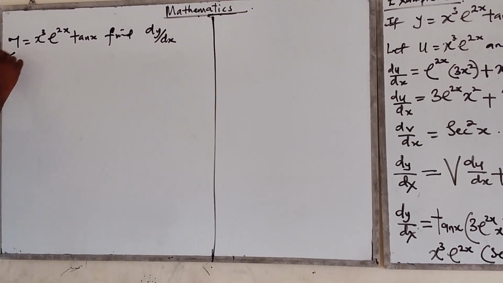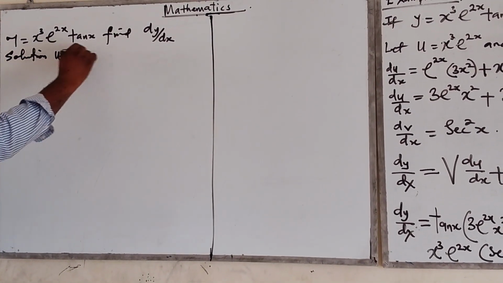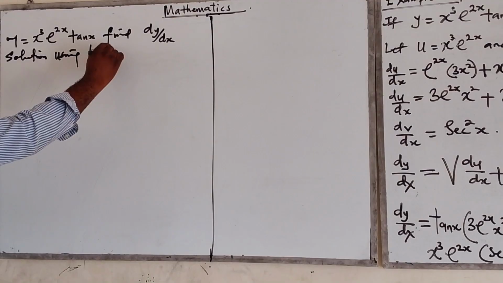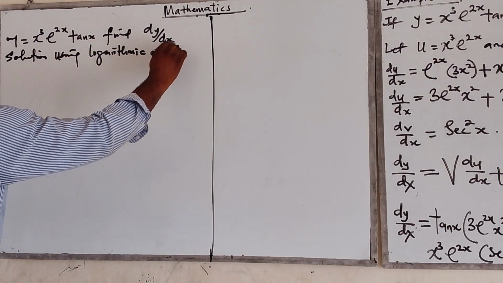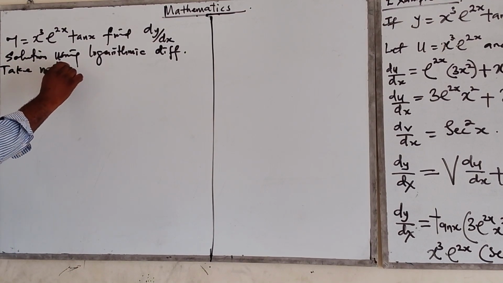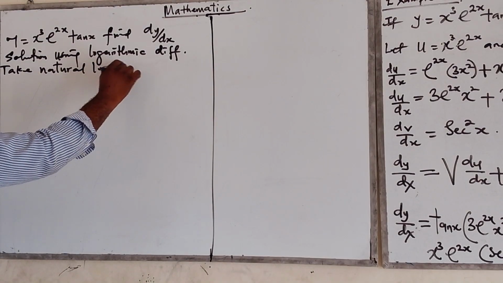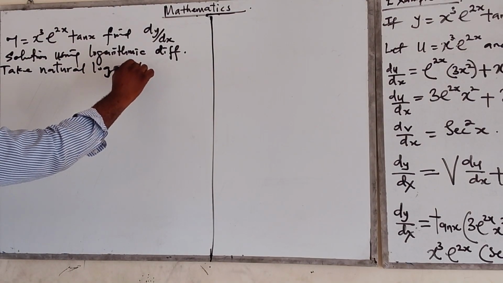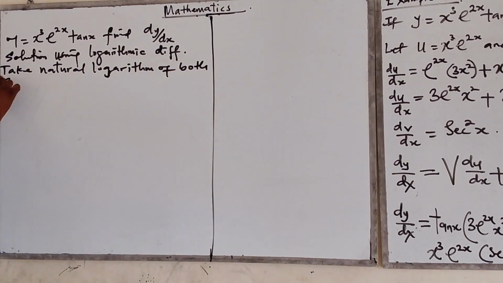Now, solution using logarithmic differentiation. In this case, the first step is to take the natural logarithm of both sides.